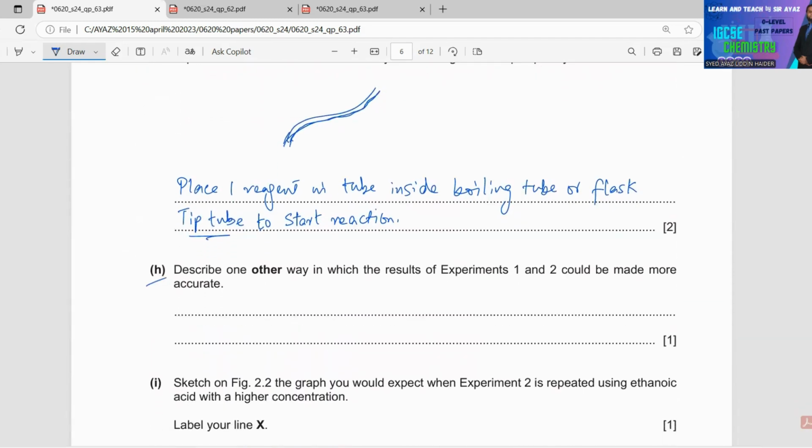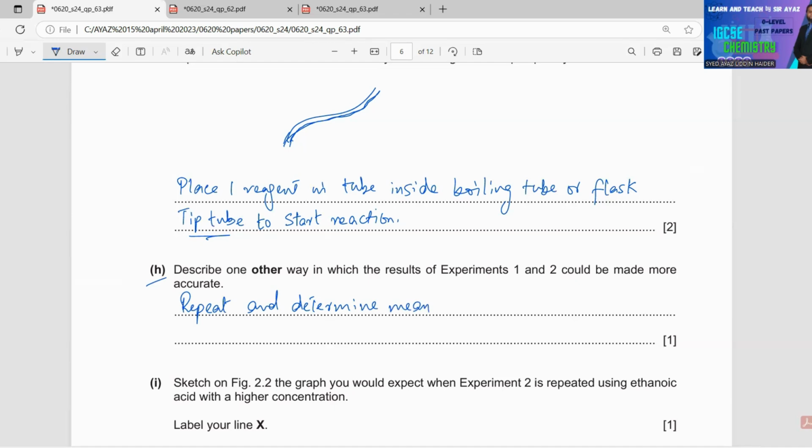H. Describe one other way in which the results of experiments 1 and 2 could be made more accurate. We can repeat the experiment and determine the mean.